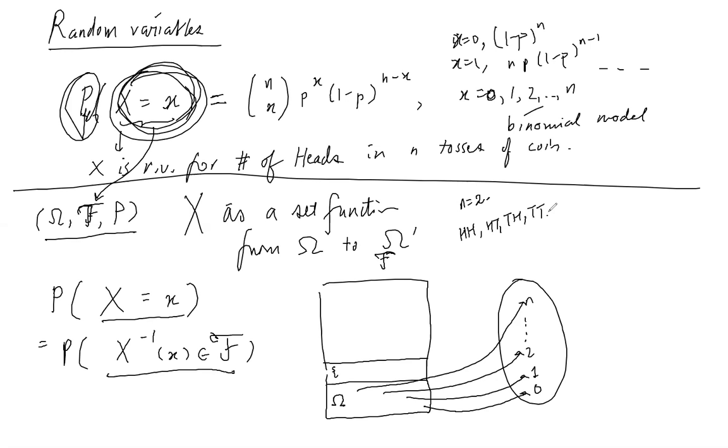Then you can map different things. You can map HH to 0, HT to 1, TH to also 1, and TT to 2. So then these are the collections with one element.